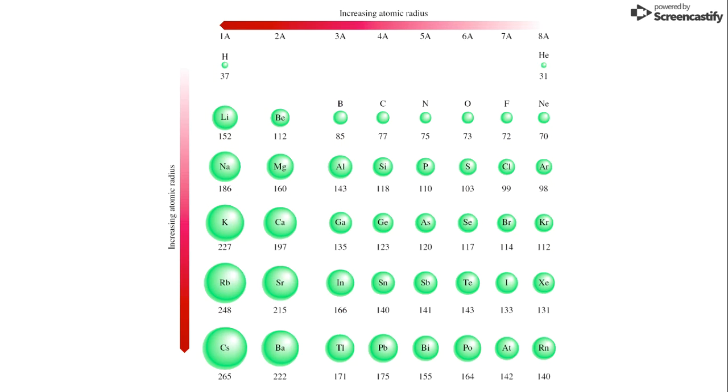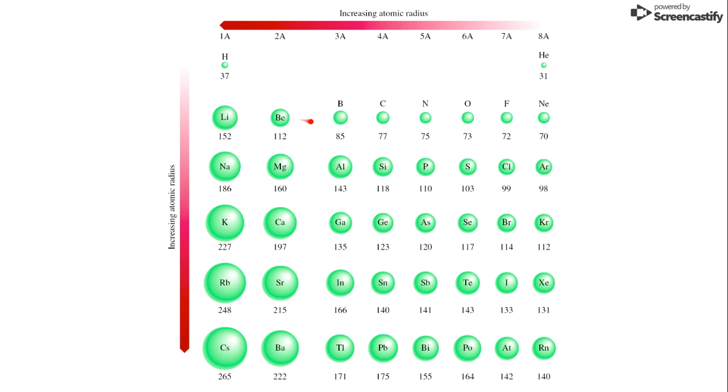And so the way that the trend works for atomic radius is, if effective nuclear charge increases, the atomic radius, or the size of the atom, decreases, because as effective nuclear charge goes up, that nucleus again has a stronger hold on the electrons and can pull them closer.